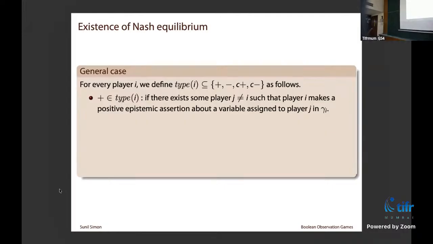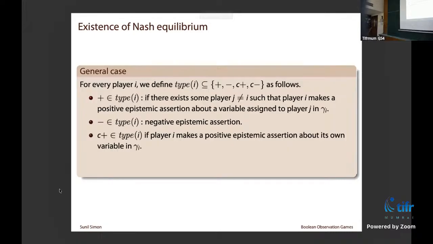That's a positive assertion. So if that's the case, I add plus into the type of it. Similarly, if I make some negative assertion about the proposition controlled by some other player, then I add minus to this type.